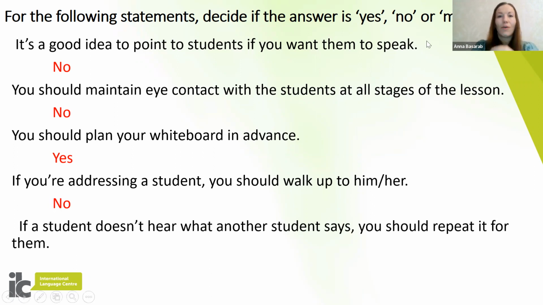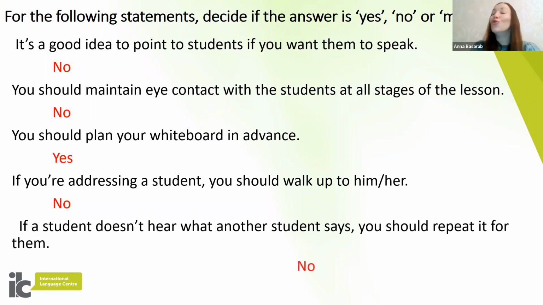Okay, how about this one? Interesting. All right, let's see if the opinion matches.